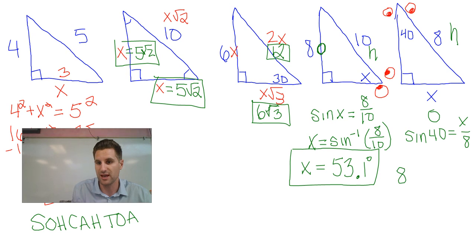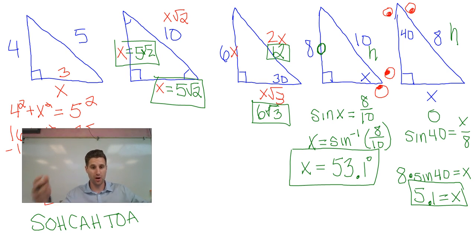Multiply 8 out, so we get 8 times the sine of 40 equals x. Plug that into our calculator. We get about 5.1 equals x.